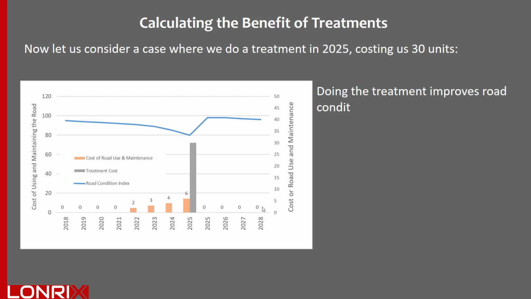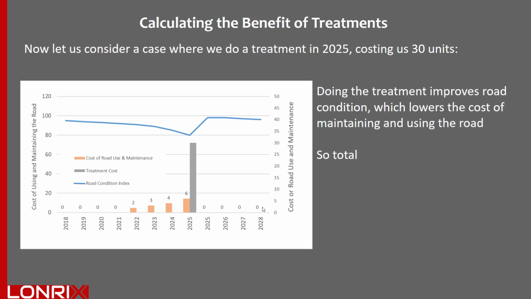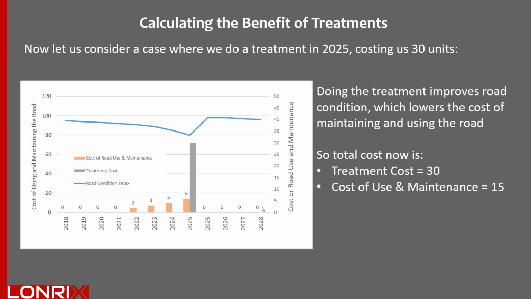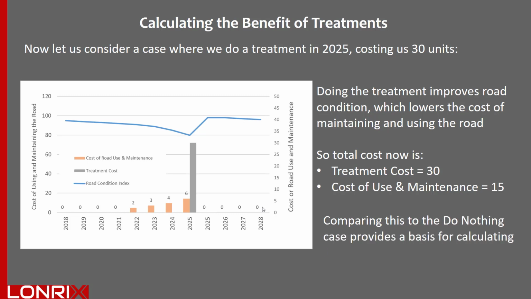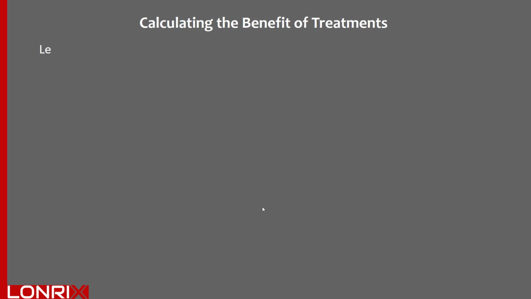Doing the treatment improves the road condition, which lowers the cost of maintaining and using the road. So in this example, the total cost is now treatment cost equals 30 and cost of use and maintenance equals 15 units. Comparing this to the do-nothing case provides a basis for calculating the benefit of doing the treatment.